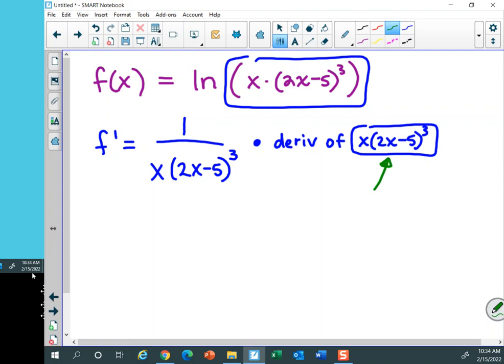Now, in order to write the derivative of that chunk of stuff, that x times 2x minus 5 quantity all cubed, I would need to do a product rule on that, plus a little bit of chain rule on that set of parentheses.